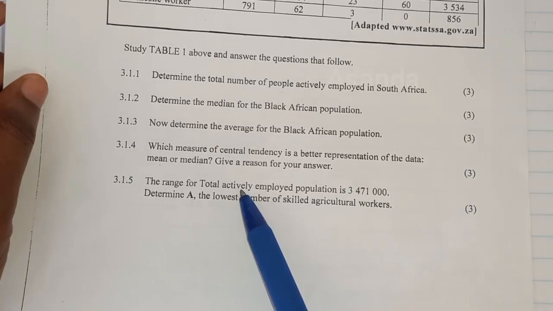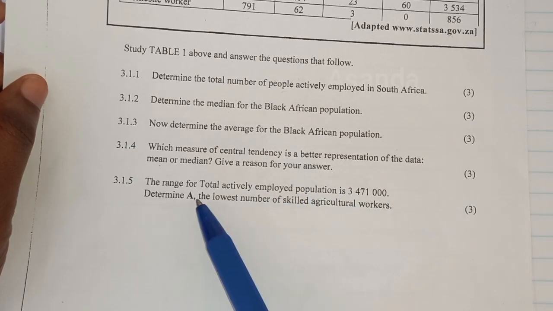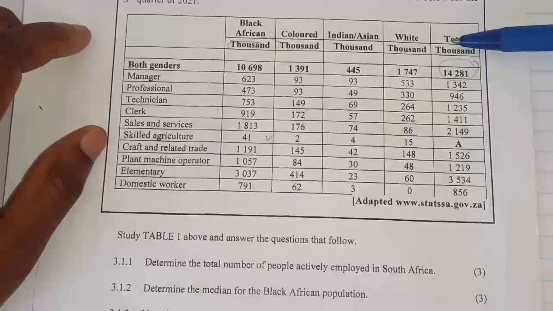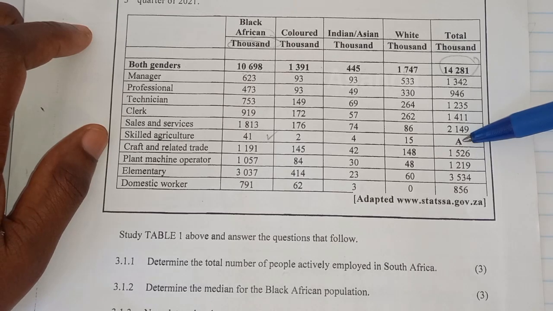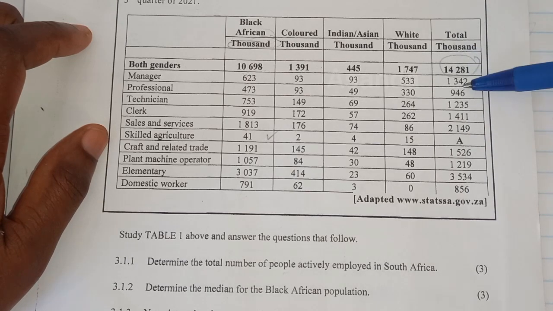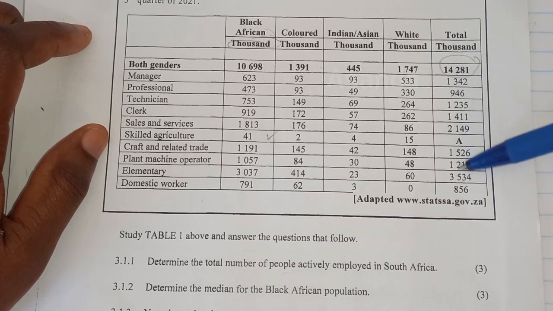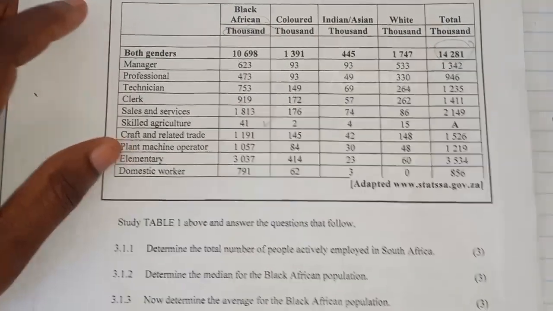Okay, the range of the totally active population is given, and they say determine A, the lowest number of skilled agricultural workers. They say the range here, which is given for the totals, and then they say determine A, which is the lowest number.